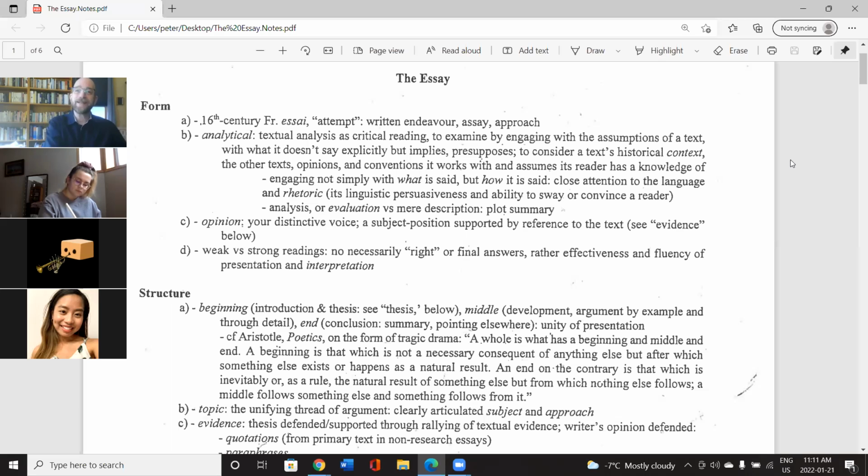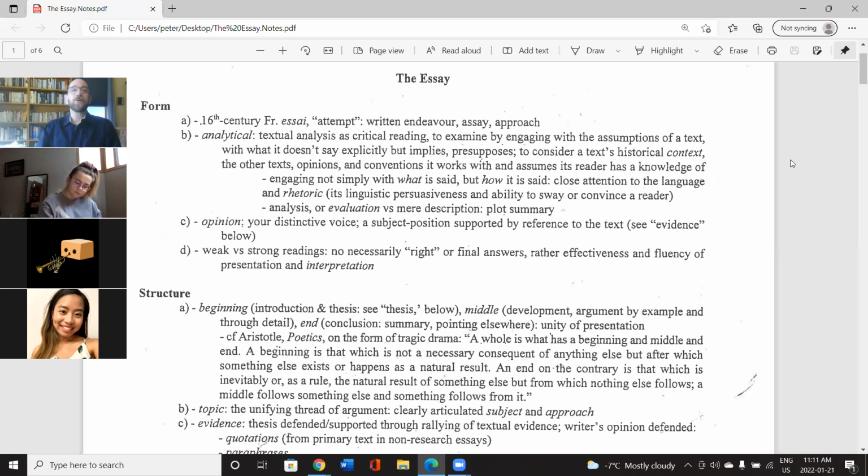So not just what is said, but how it is said and what makes that how interesting or exciting or perplexing, okay? So a close attention to the language and the rhetoric of the texts. That is the text's linguistic persuasiveness.